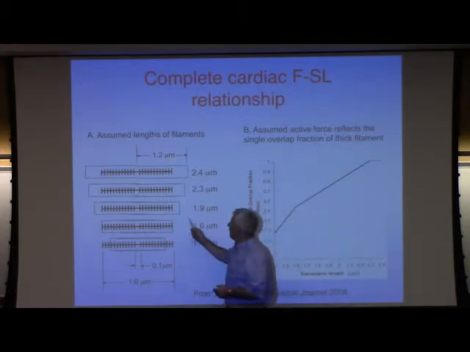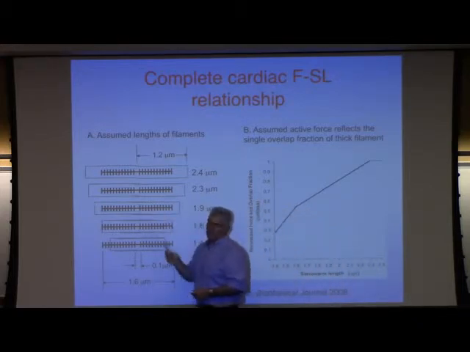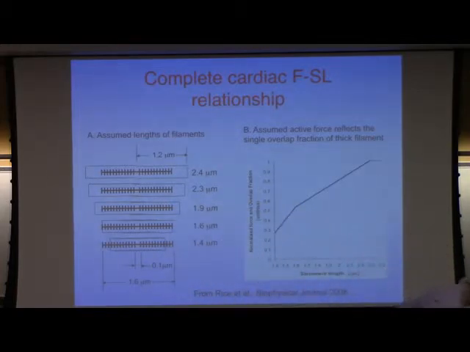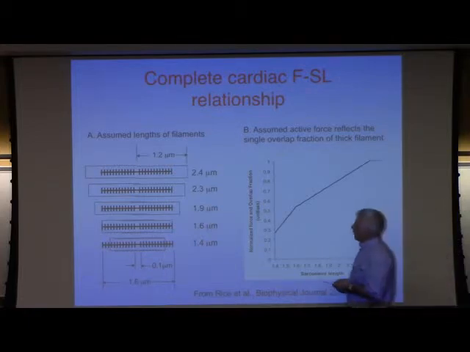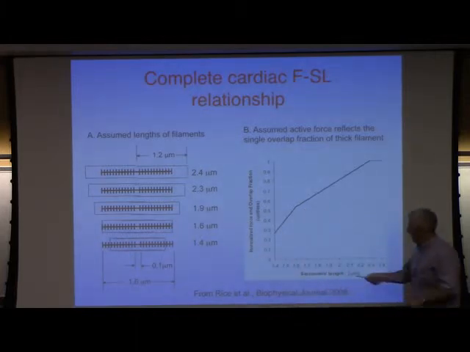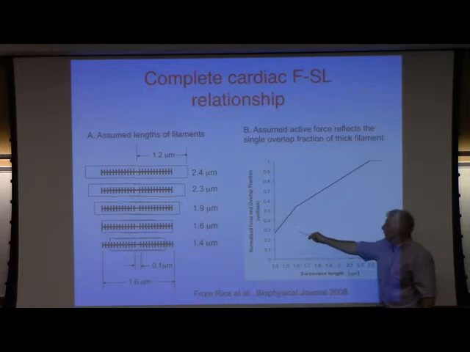In the heart, this length may vary according to the load put on the cell. So we don't know. But if we take these lengths, which I'm going to assume are the right lengths, and you do the sarcomere length against maximum activated force, you get this kind of pattern.